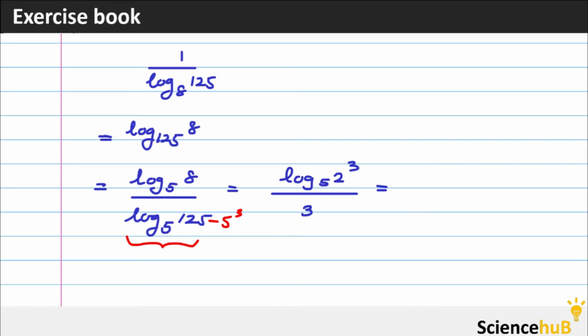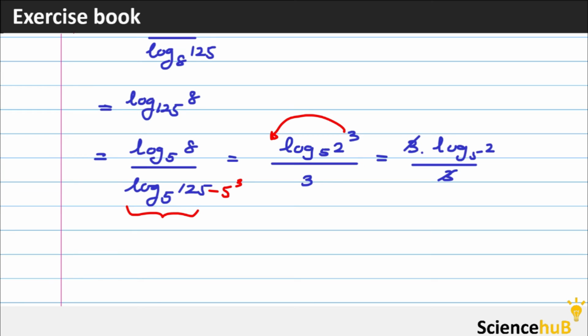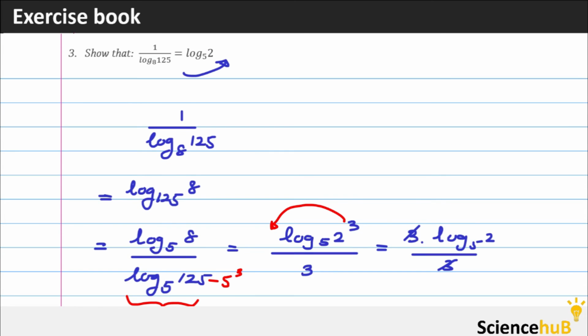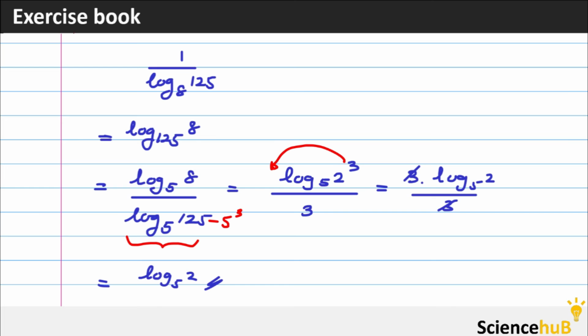Okay, now we can take this 3 in front of the logarithm, and this will become log 2 base 5 divided by 3. 3 and 3 cancel out, and the answer is in your hand. Log 2 base 5 is the answer. Okay, we have shown that.